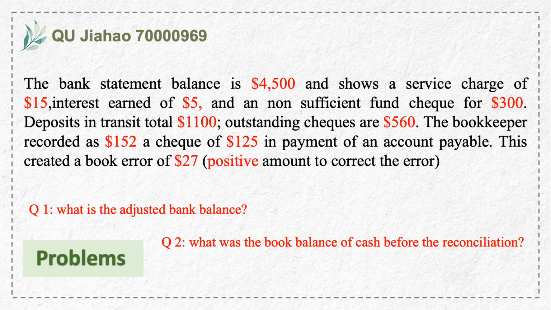The bookkeeper recorded $152 and a check of $125 in payment of an account payable. This created a book error of $27. Of course, a positive amount to correct the error. So question A is what is the adjusted bank balance, and question B is what was the book balance of cash before the reconciliation.